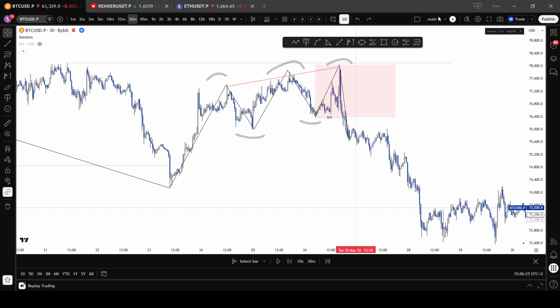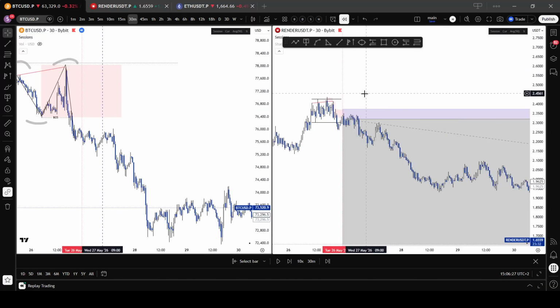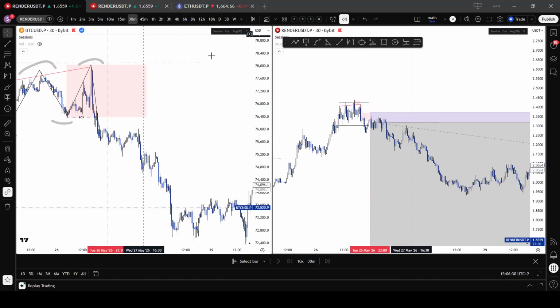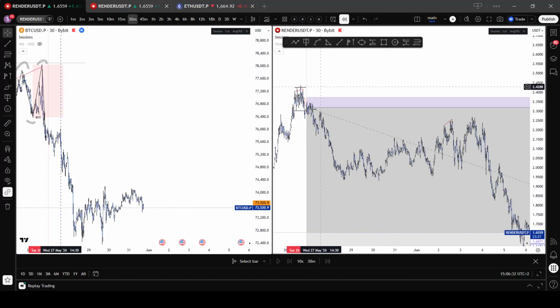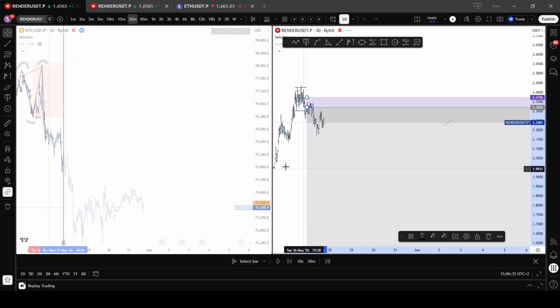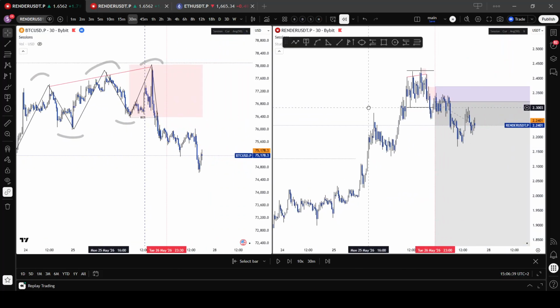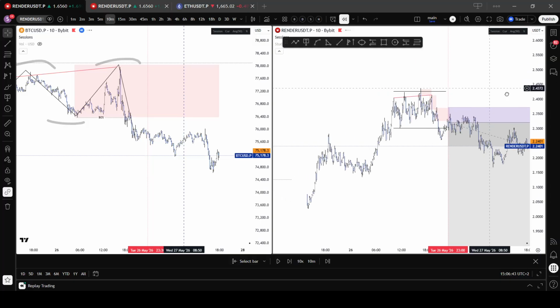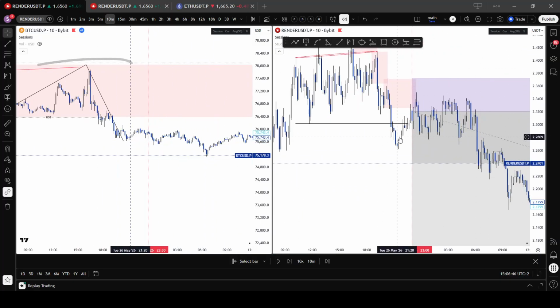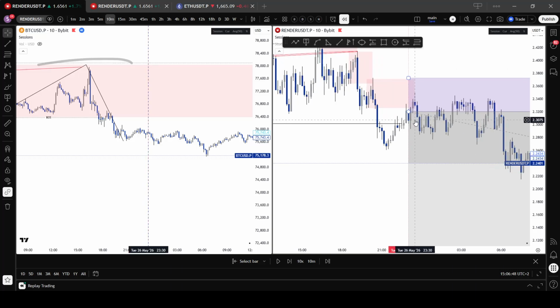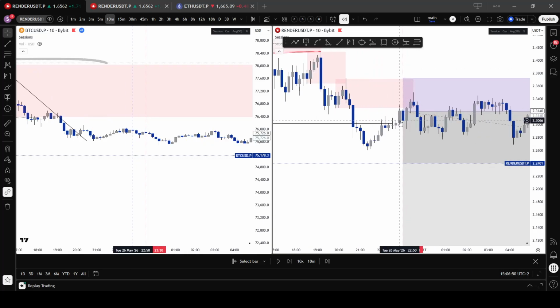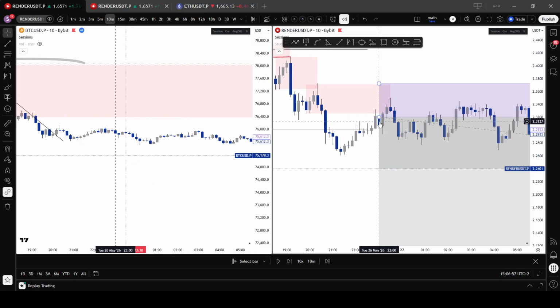But basically, if we compare now where I took the Render short and when Bitcoin broke its structure, you guys can see how I basically used Bitcoin to take this trade. I took it around here. I should have kept the P&L, but yeah.